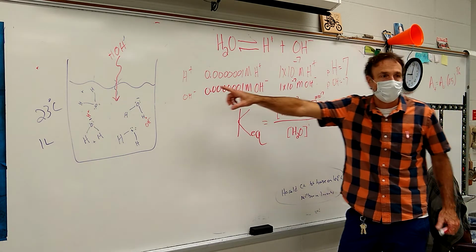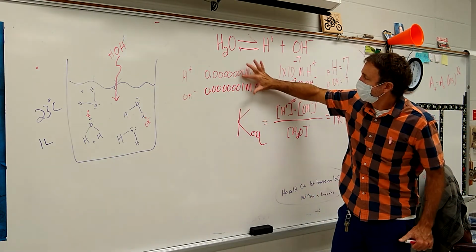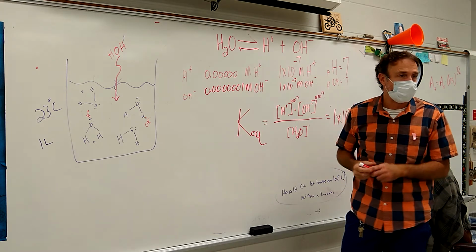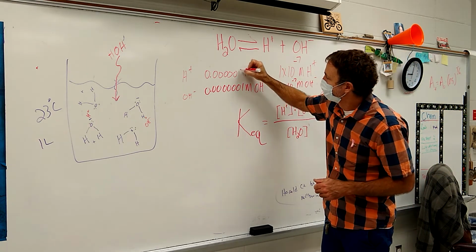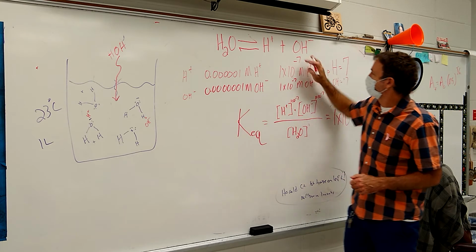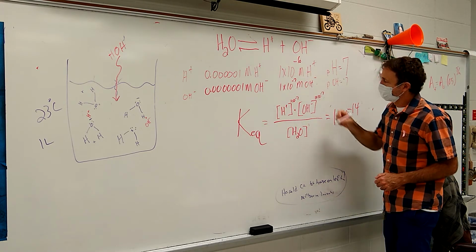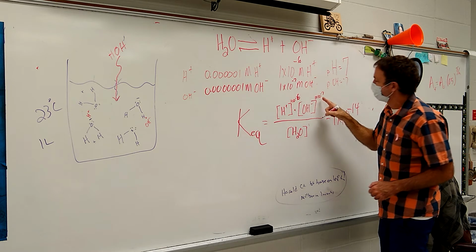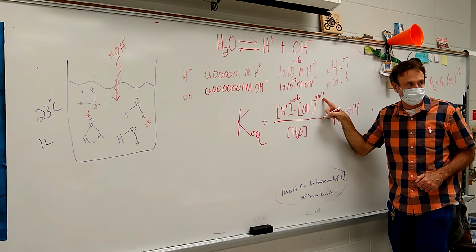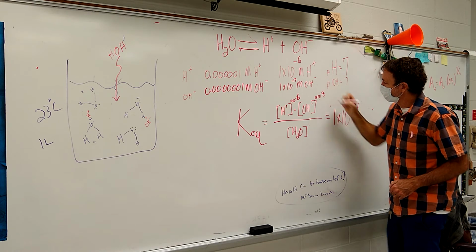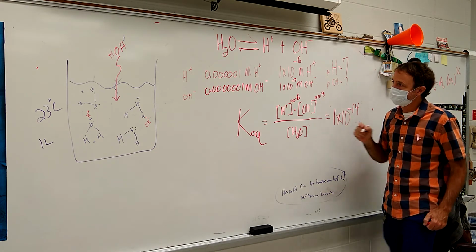So what happens if there were more H's in the water? Let's say there's 10 times more H's in the water. Then that would make this 1 times 10 to the negative 6. So if this changed to the negative 6, what would that OH have to change to? The negative 8, because it's always going to be 14.